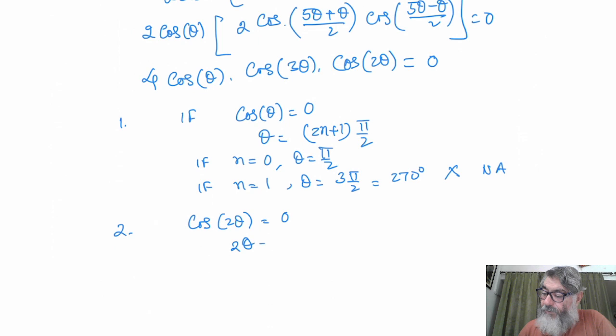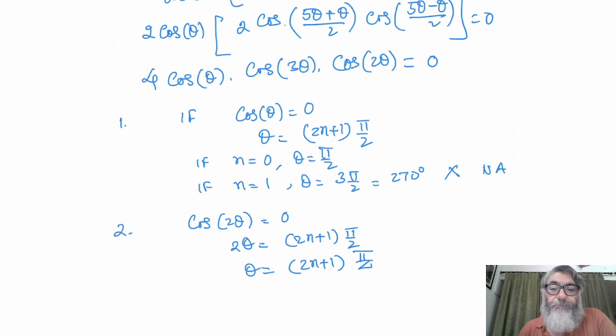Now if cos 2 theta is equal to 0, then again 2 theta will be 2n plus 1 pi by 2, or theta will be 2n plus 1 pi by 4. We divide both sides by 2. Now if n is 0, theta will be pi by 4, that is 45, that is acceptable.